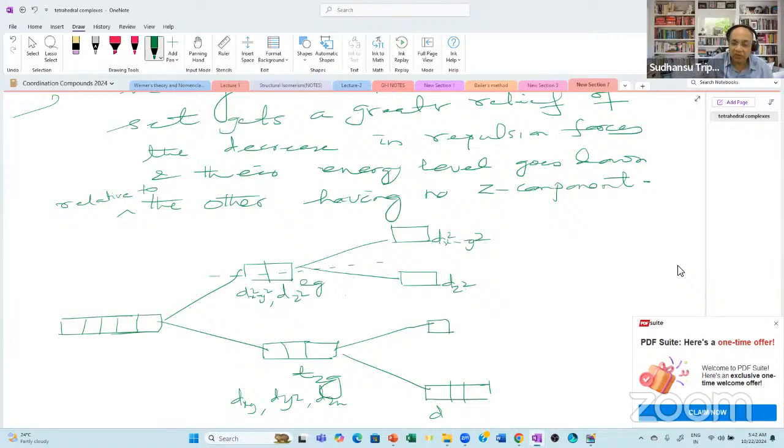For dxy, which has no Z component, the decrease in repulsion will not be as profound as the decrease in repulsion for the orbitals having Z component, so they will have less energy compared to the one which has no orbital along or nearer to the Z direction. So there is a further gap.